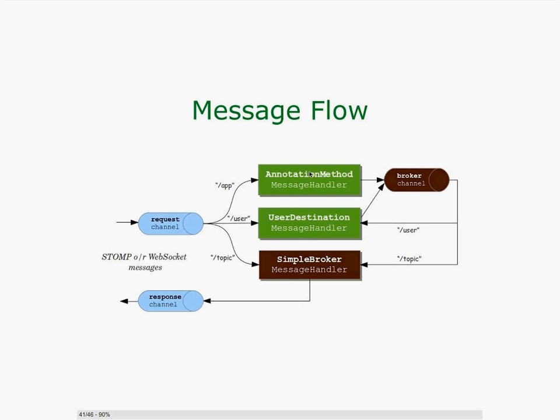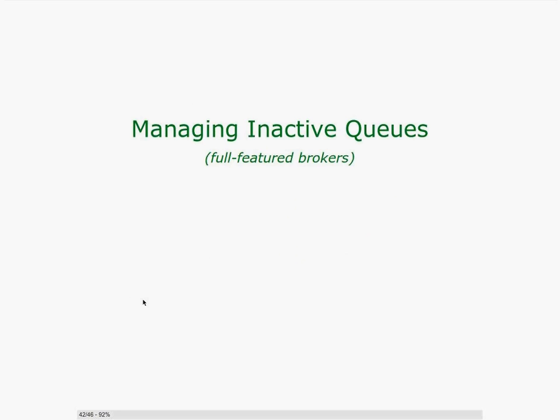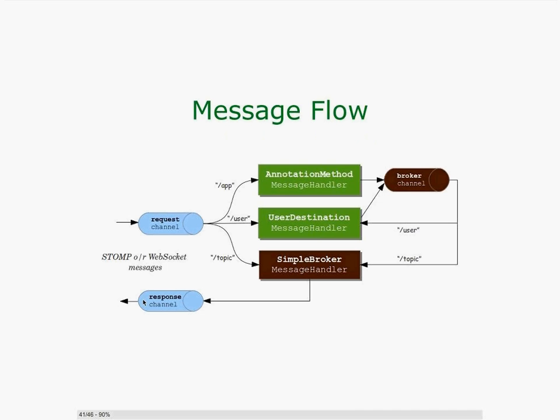And further, the application can send messages to the broker channel, which then get delegated to subscribers on the client side. And all of the infrastructure behind this is going to be automatically provided through the Java configuration that I showed earlier. And that Java configuration gives you all of these details without having to know them up front.